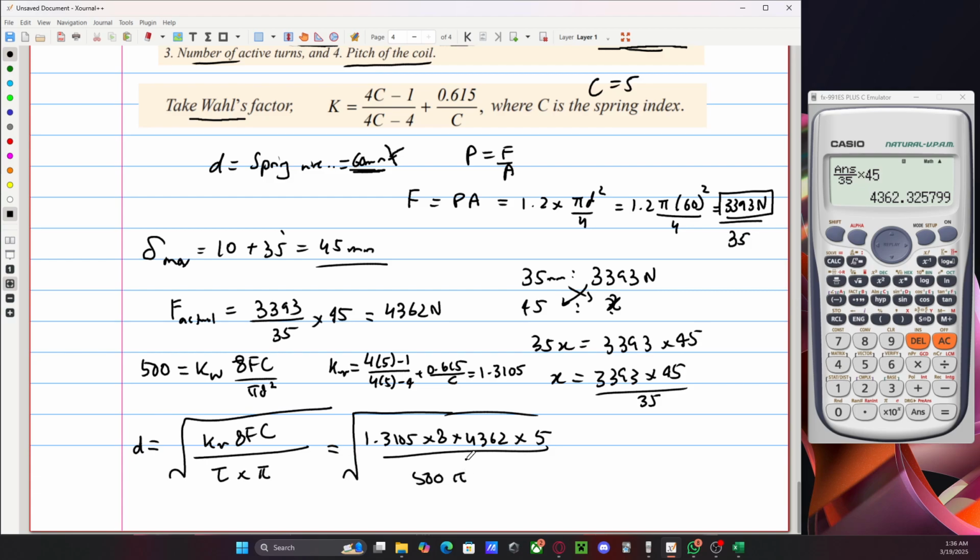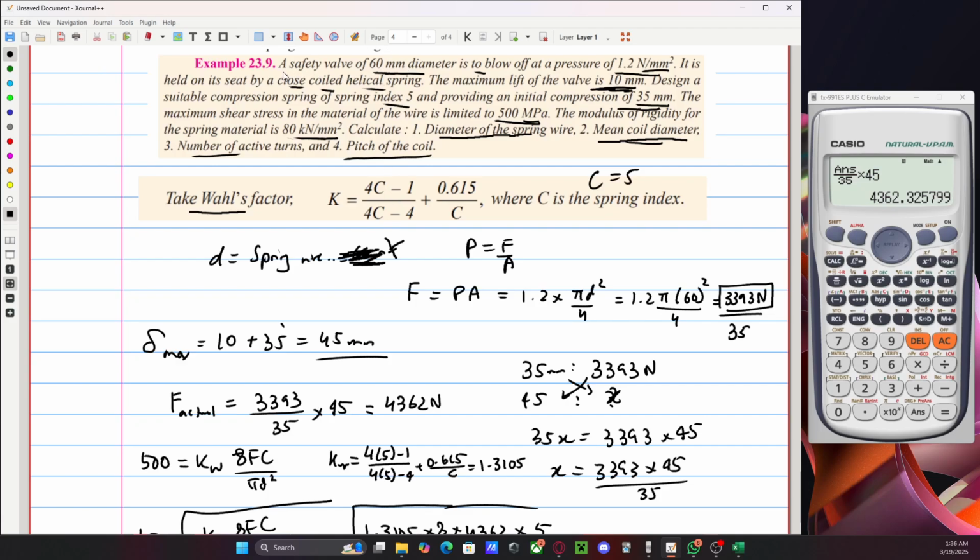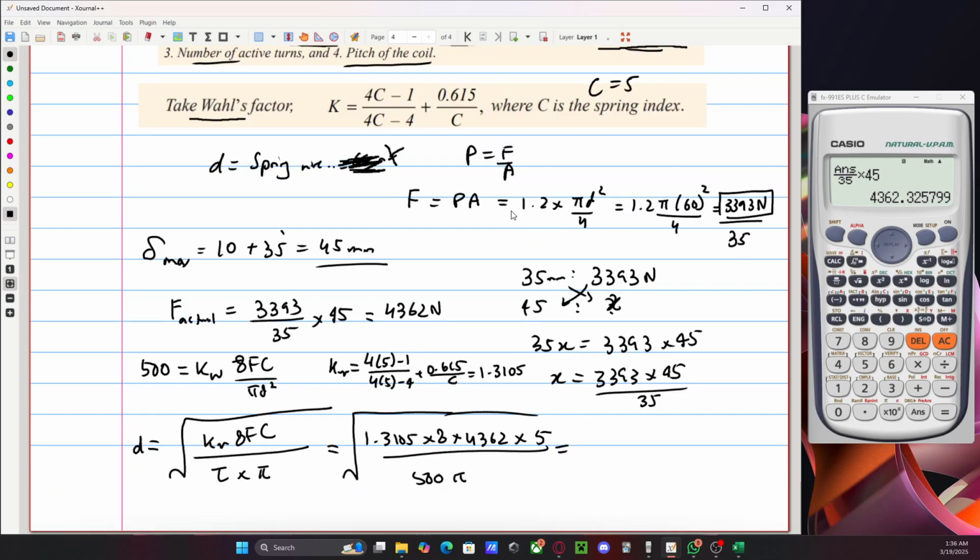Okay, so let's put this in the calculator to get the actual diameter of the wire. This small d is different from the diameter of the safety valve. This is not the diameter of the wire, so please do not confuse that.